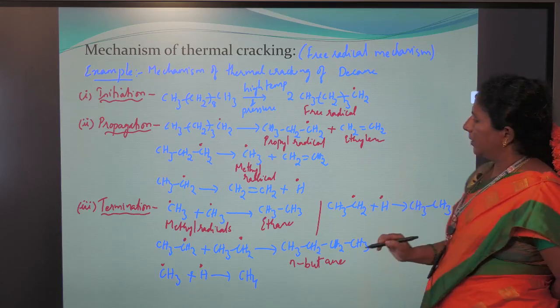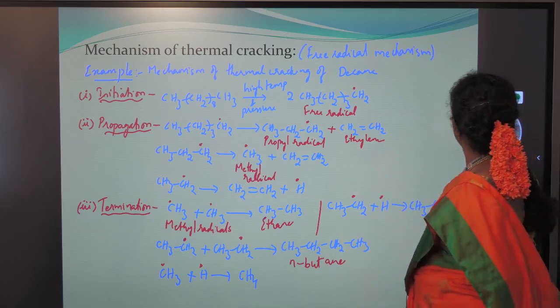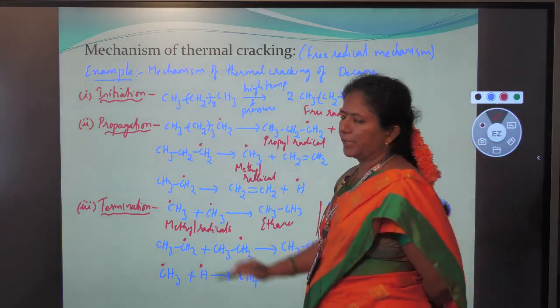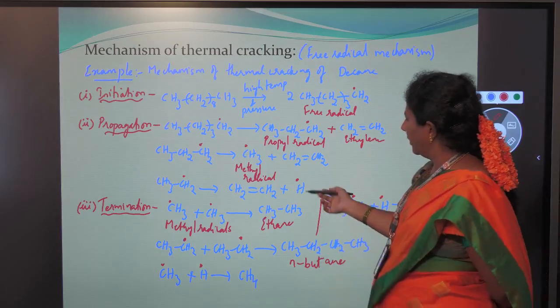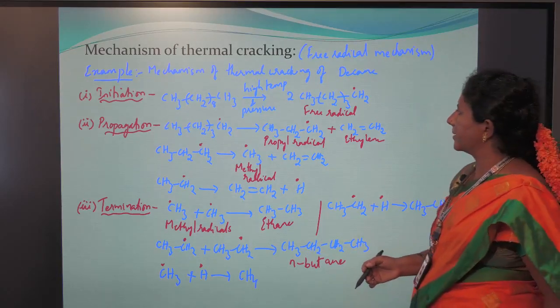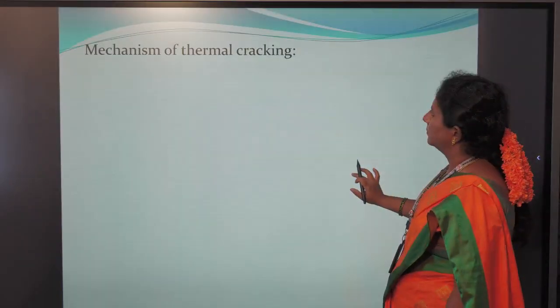So these are the possible termination products. What are the final products we are getting? We started from decane, and on pyrolysis we are getting butane, ethane, pentane, methane. All these are called the cracked products.